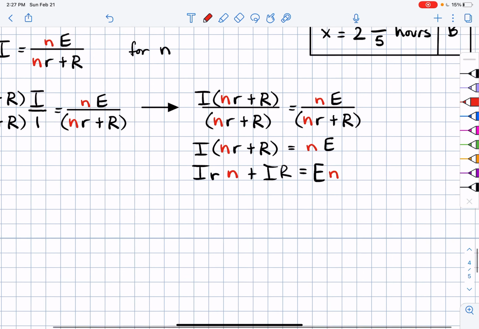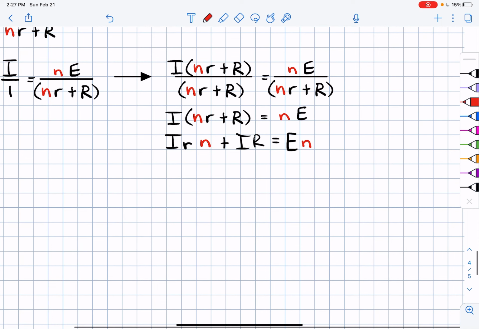All right, now I can start moving things around. I have two terms that have n in them and one term that does not. So let's subtract I R n from both sides.